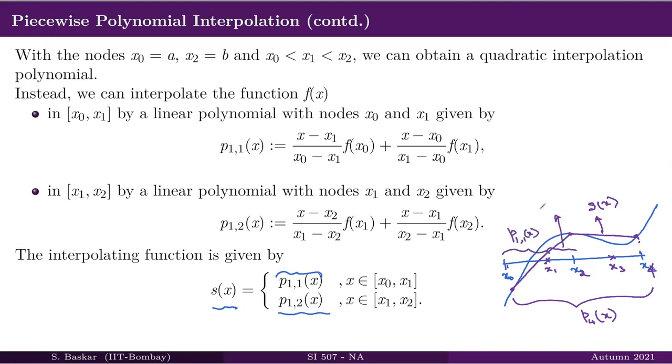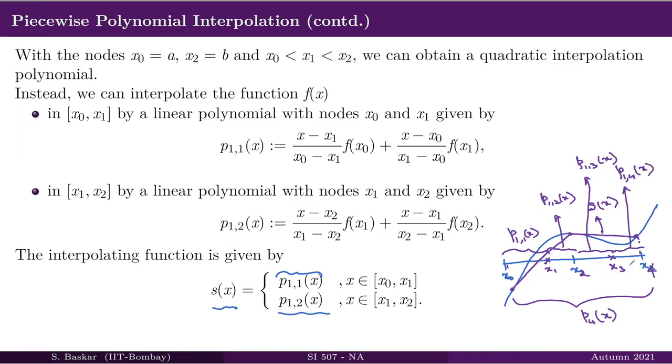Here you can get p1 2 of x. Similarly, here you can get p1 3 of x, and finally here you can get p1 4 of x, right?